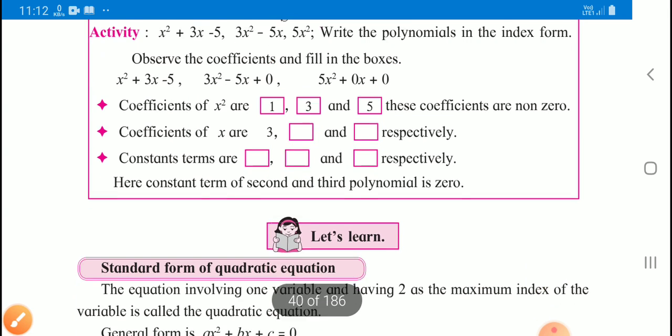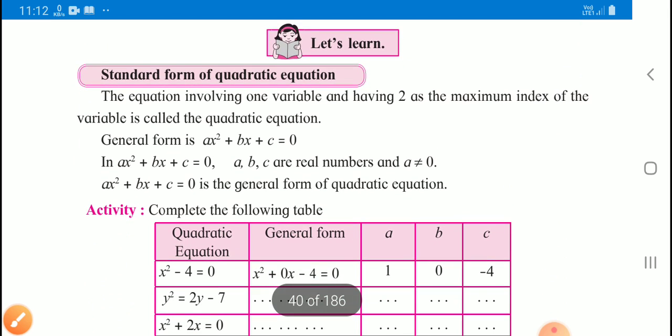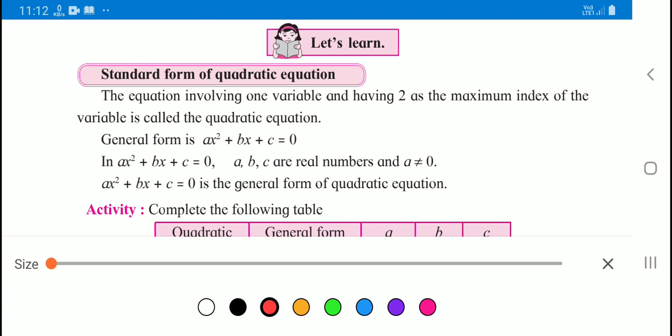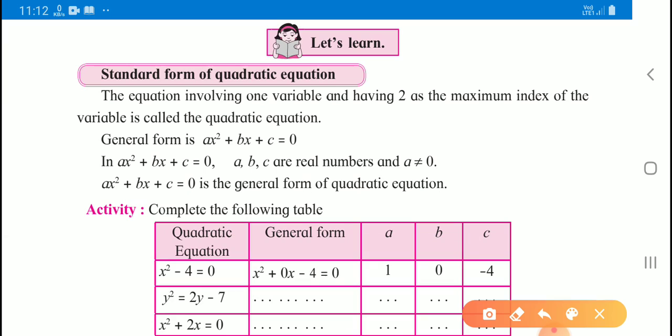Now let us learn. We'll see the standard form of the quadratic equation. The equation involving one variable and having 2 as the maximum index of the variable is called the quadratic equation. That denotes when the order of the equation is 2, then that equation is known as the quadratic equation.